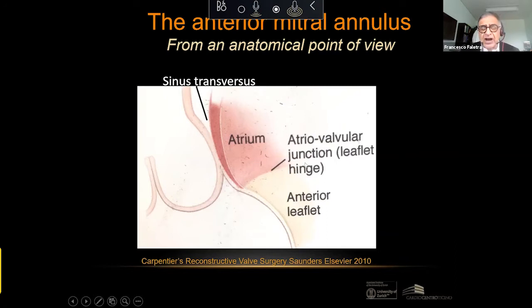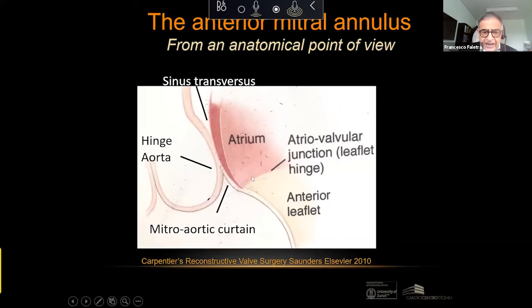There is just the hinge line, just the fulcrum where the anterior leaflet moves, opening and closing, but there is no anatomical nor histological structure here which divides the left atrium from the anterior leaflet. But if you look from the ventricular perspective, then you can see that here there is the hinge line of the aorta.